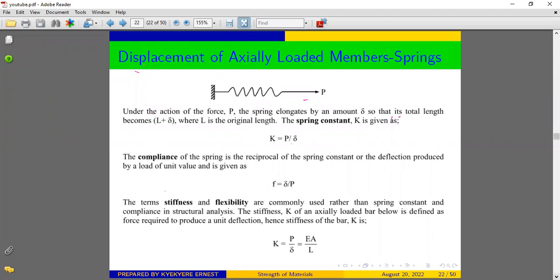Sorry. Let us look at displacement of axial loaded springs before we look at the strain energy.